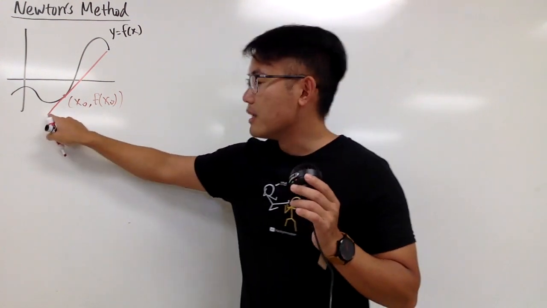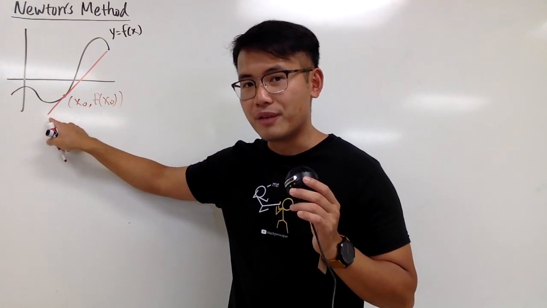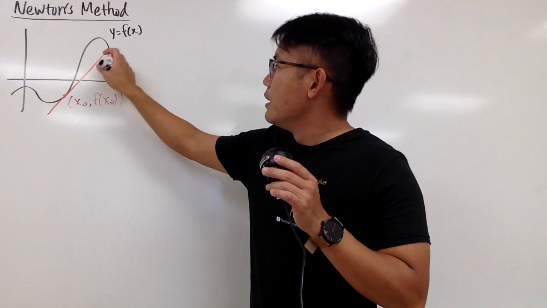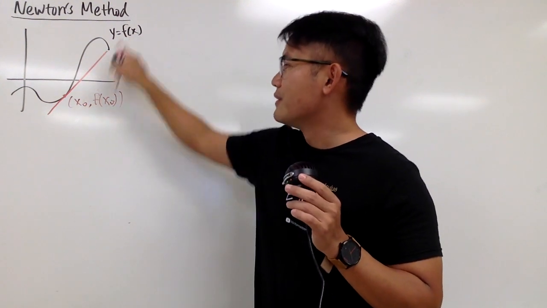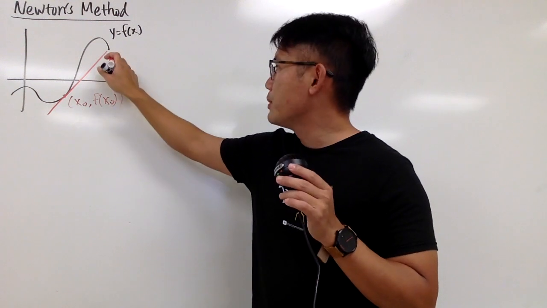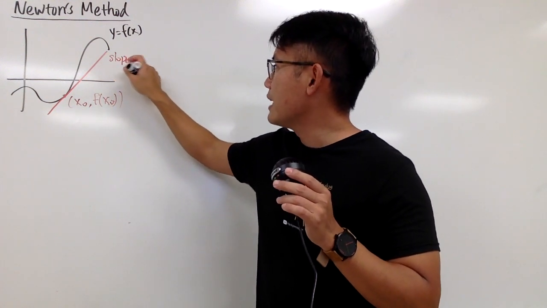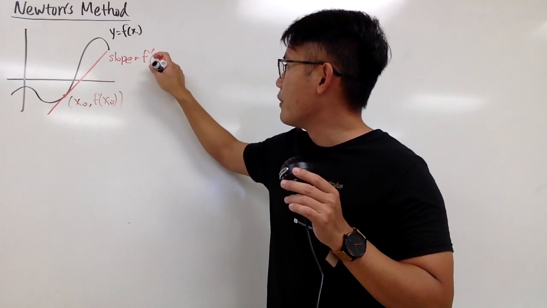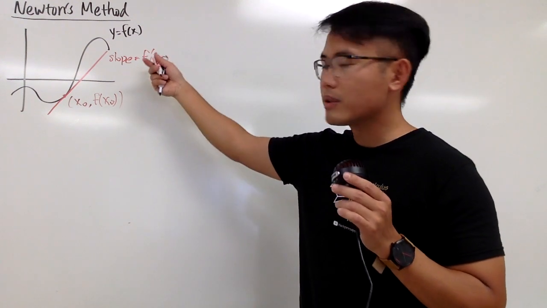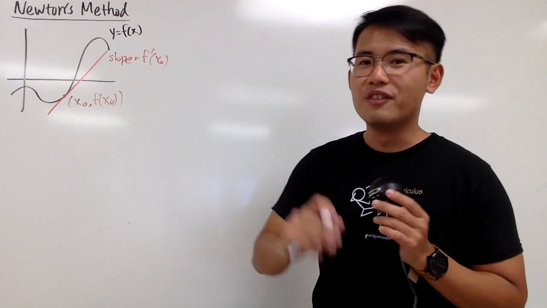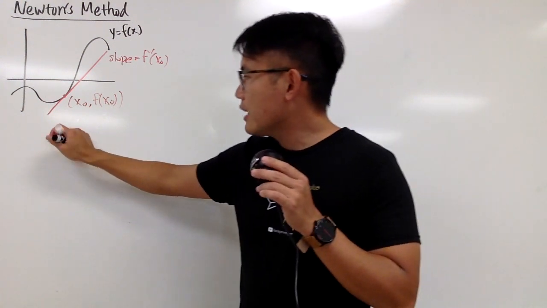Well, let's find the equation of the tangent line right here first. Remember, this line has a slope equal to the derivative of f at x0. So let me put this down. The slope of this line is just f prime of x0. And now we have the point and also the slope. Let's use the point-slope form of the line. I will write this down for you guys first.